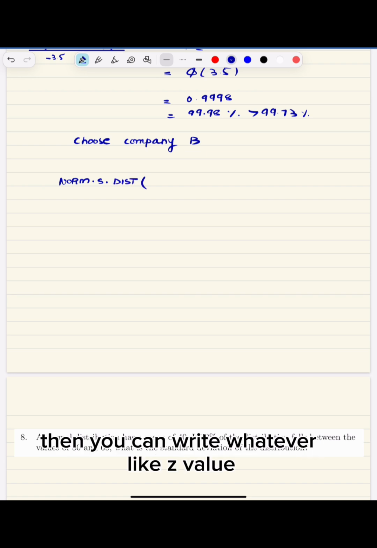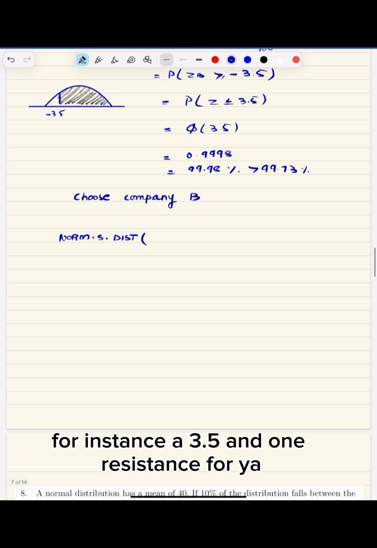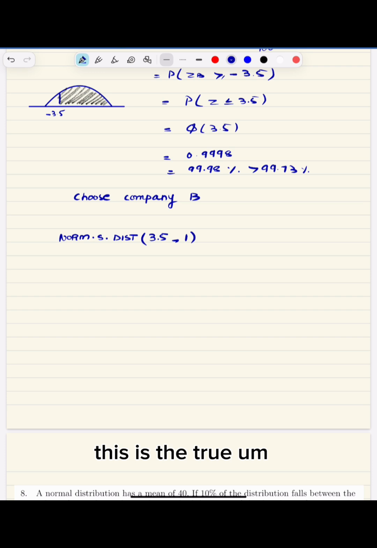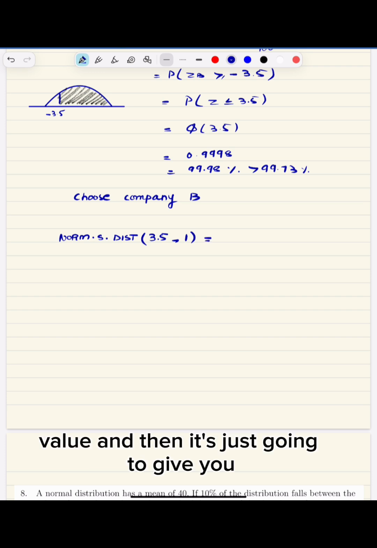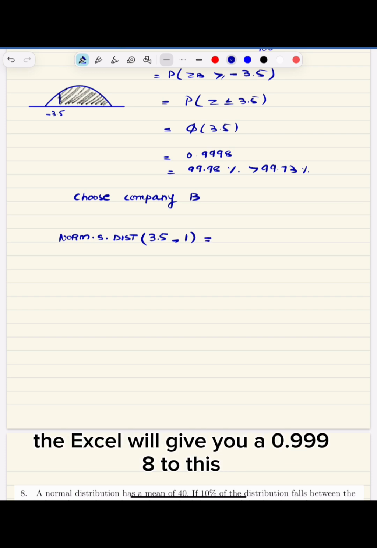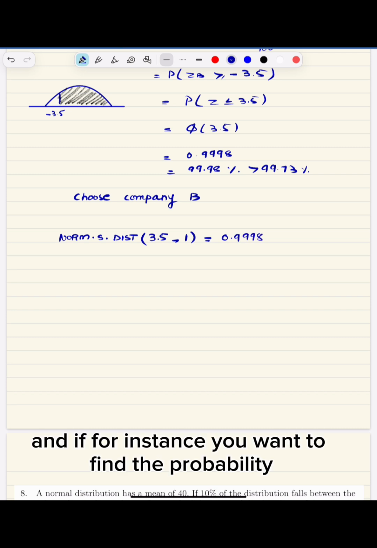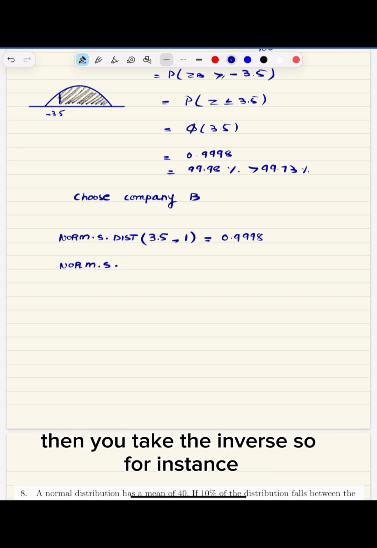Then you can write a Z value, for instance 3.5, and 1, which stands for the true value, and then it's just going to give you the answer. Excel will give you 0.9998 for this.